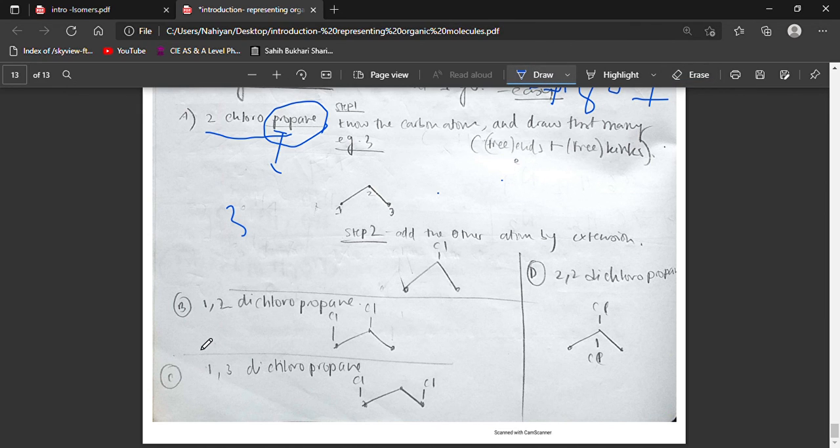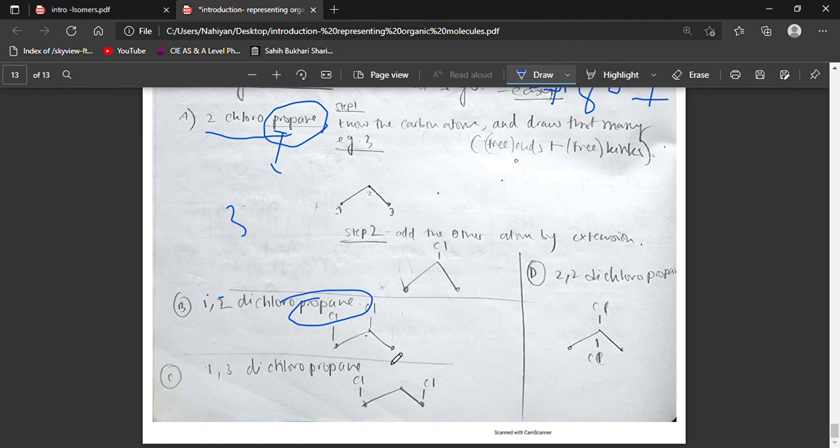So let's say the second question is 1,2-dichloropropane. So you have to look at this first. It's propane, so it is 3 carbons with single bonds. So we have 1, 2, 3 kinks, and we have dichloro. We have to have 2 chlorines, one at the first carbon and the other at the second.